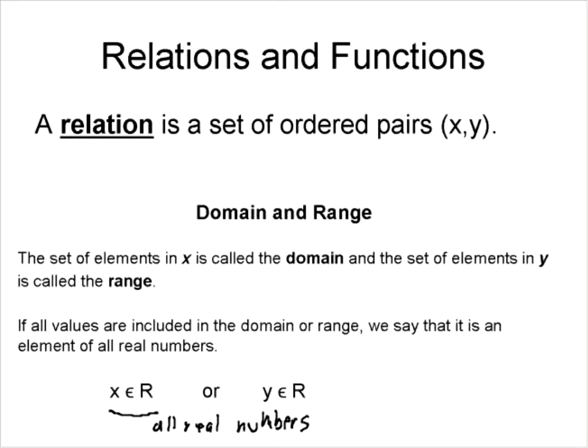In math, we get lazy and we want to create symbols so we don't have to write whole real numbers every time, so we can just write this x ∈ ℝ. So if the domain is all real numbers, we can just say x is an element of the real numbers, and if the range is all real numbers, you just say y is an element of all real numbers. So that's just notation.